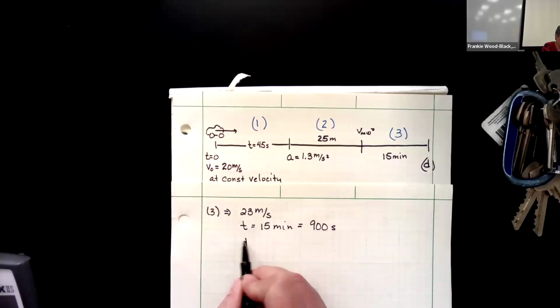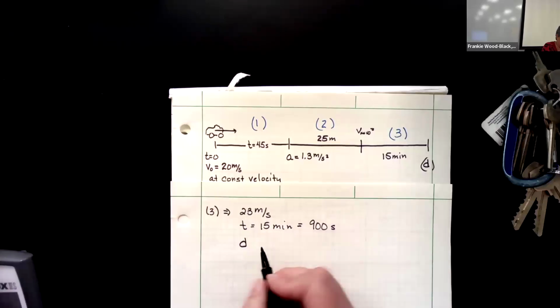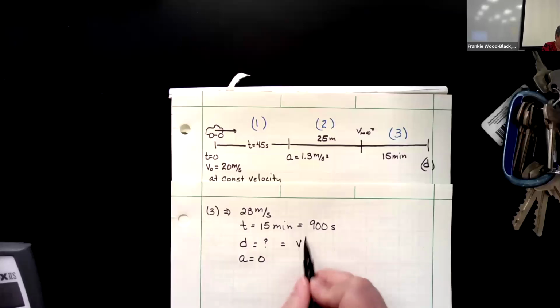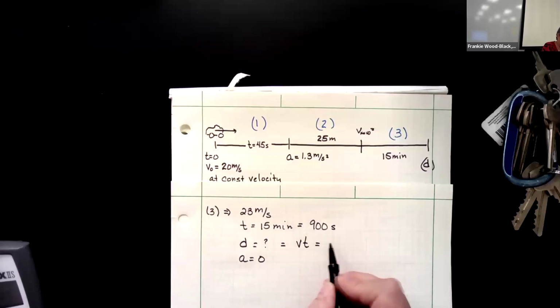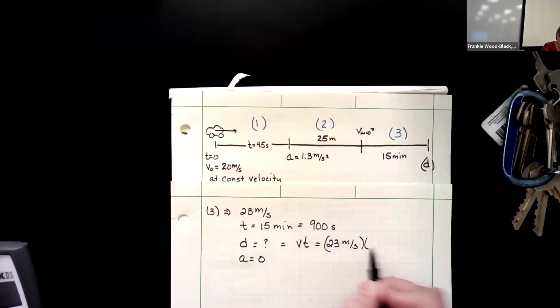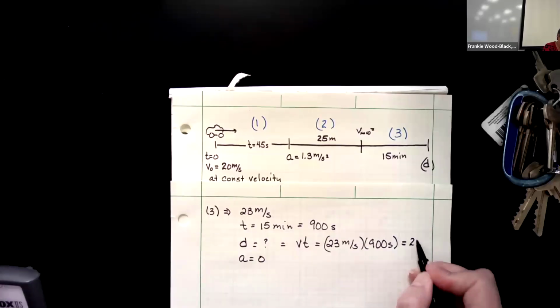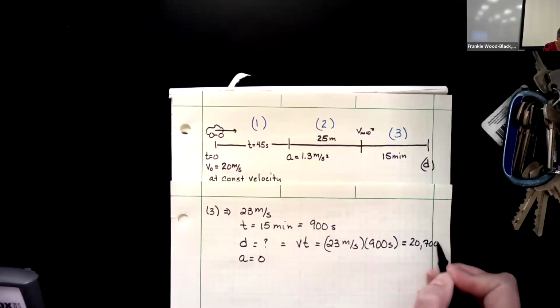I need the distance because this again has no acceleration. So that's easy enough. That's just going to be my velocity times time. And I get my 23 meters per second times my 900 seconds. Then I'm going to end up at 20,700 meters.